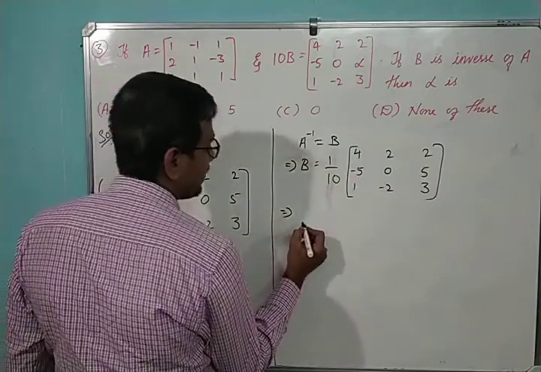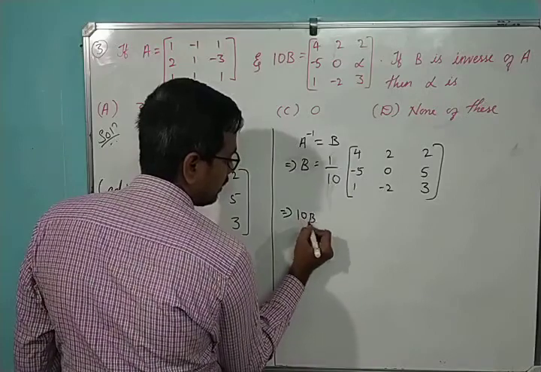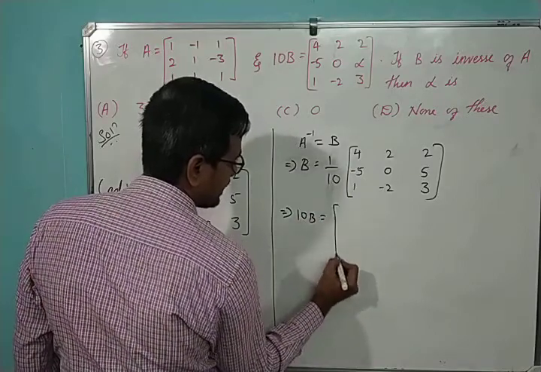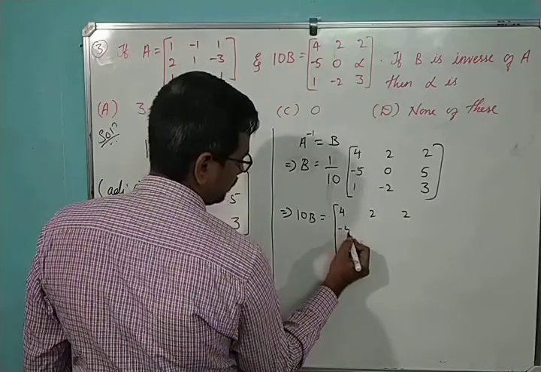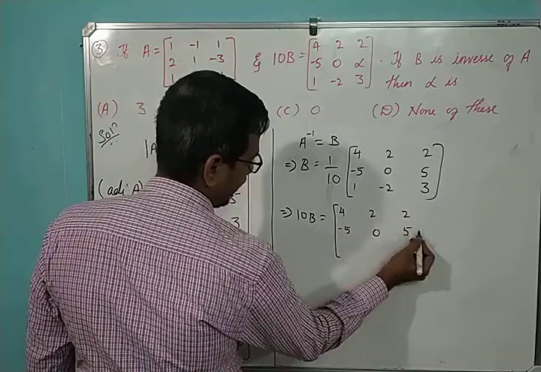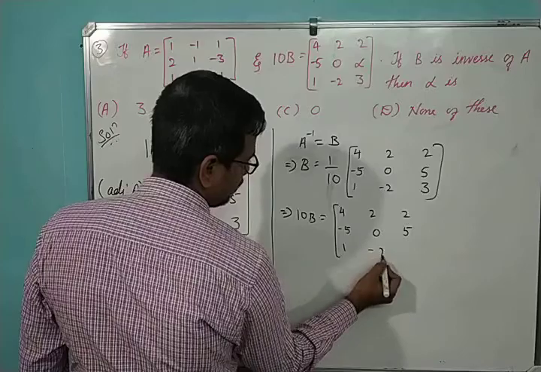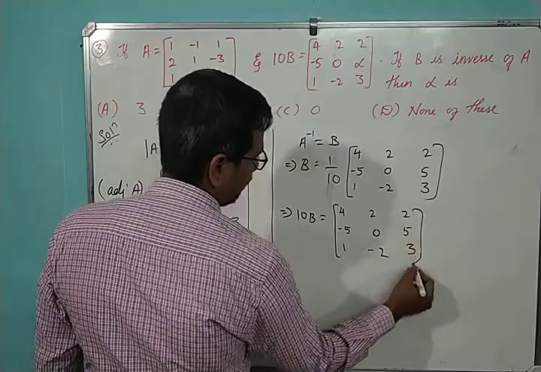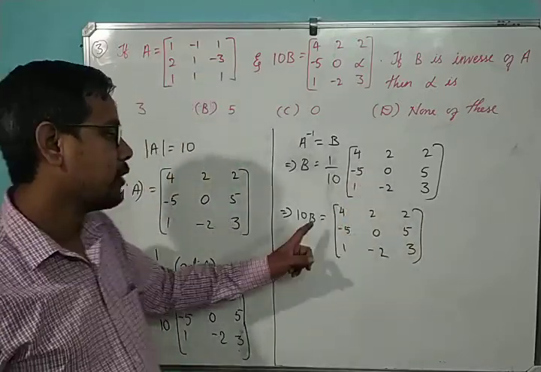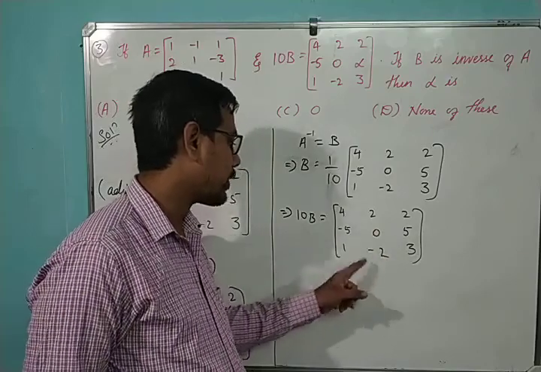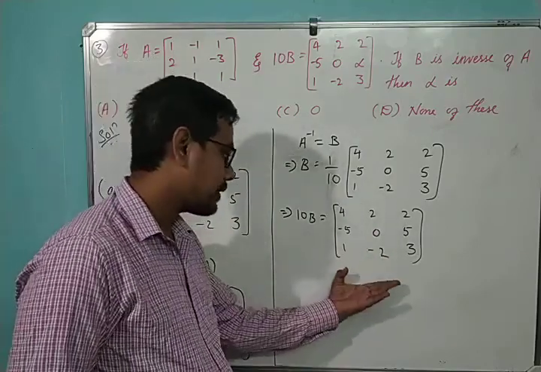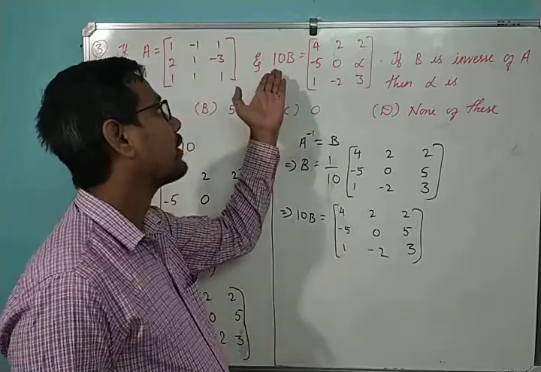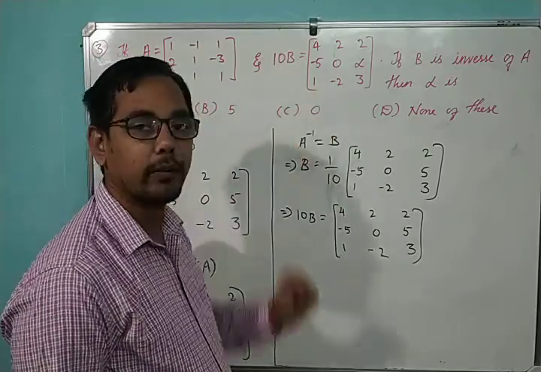Then what will be 10B? 10B can be written as 4, 2, 2, minus 5, 0, 5, 1 minus 2, 3. Right? So now 10B is this matrix we have obtained, but what is given? 10B is given as this particular matrix.